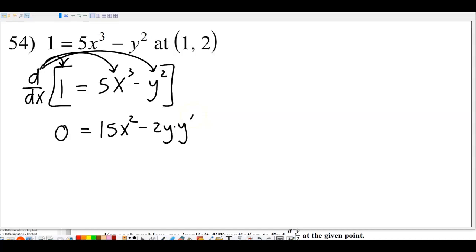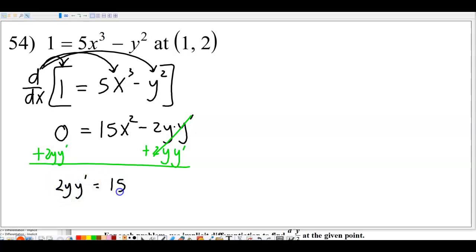So I'm going to add this 2y prime to the other side. And that will leave me with 2y y prime equals 15x squared. So I've got my primes and non-primes separated. And now I'm going to go ahead and divide everything by 2y to get that y prime completely by itself. And I have my derivative.